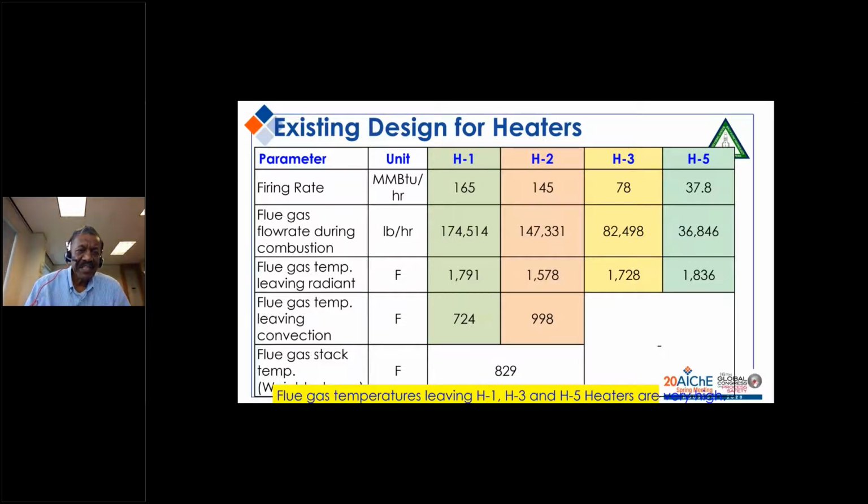The flue gases leaving the radiant section and entering the convection section were around 1800 degrees F, which is pretty high. Leaving the convection section, they were being cooled to about 724. These hot flue gases were going to SCR for further processing and then to a waste heat boiler.